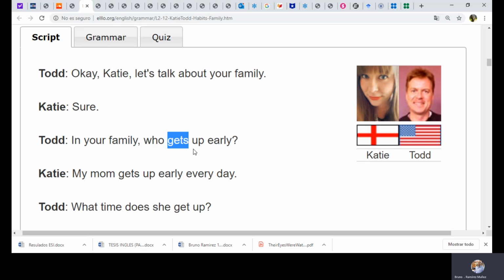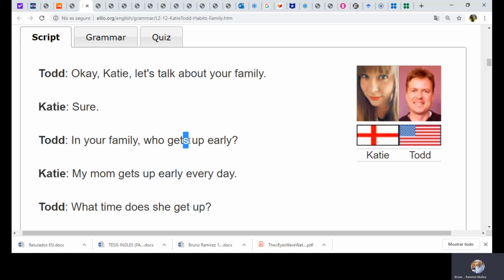So what I want you to do is tell me the ending for gets in gets up, right? Is it voiceless? Is it voiced? Or is it an extra syllable? Okay? Is it s, z, or iz? In this case, gets up, right? Gets. It's a voiceless s. That's the first thing I'm going to ask you to do.